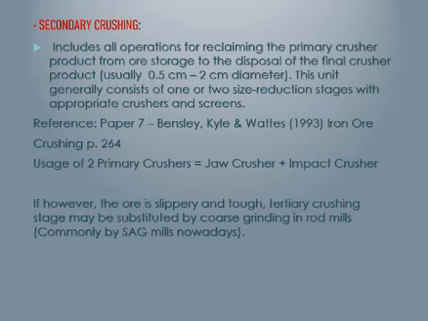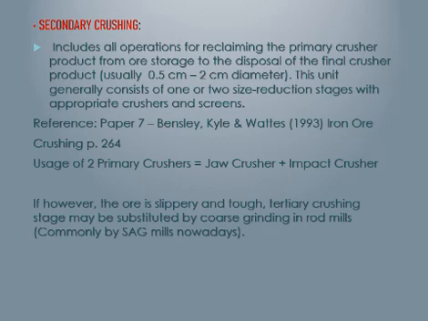This covers all operations from reclaiming the primary crusher products from storage to the disposal of final crusher products, usually 0.5 centimeters to 2 centimeters in diameter. The unit generally consists of one or two size reduction stages with appropriate crushers and screens. Reference: Paper 7, Bensley, Cow and Waite, 1993, Iron ore crushing, page 264.